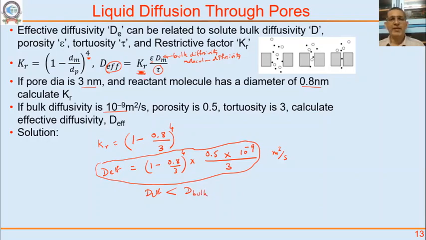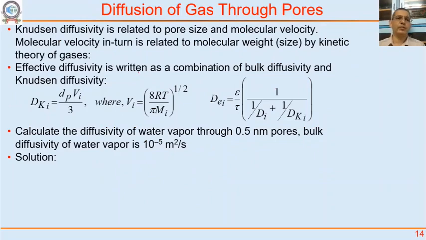Okay. If gas is diffusing, Knudsen diffusion, right? So this Knudsen diffusion is for gas, so we are assuming kinetic theory of gases. So this Knudsen diffusivity is related to the pore size, velocity of the molecules divided by 3, and velocity of the molecules you can get from kinetic theory of gases.